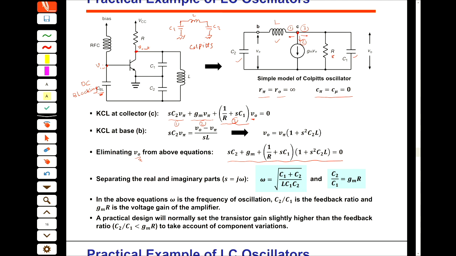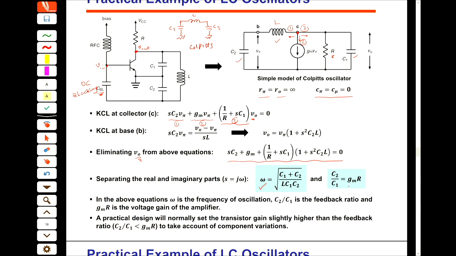And then to make this correct, the real part should be equal to 0 and the imaginary part should be equal to 0 at the same time. Okay, so then we have two equations, one for the real part and one for the imaginary part. And based on those, we find the resonance frequency and we find the value for the gain.